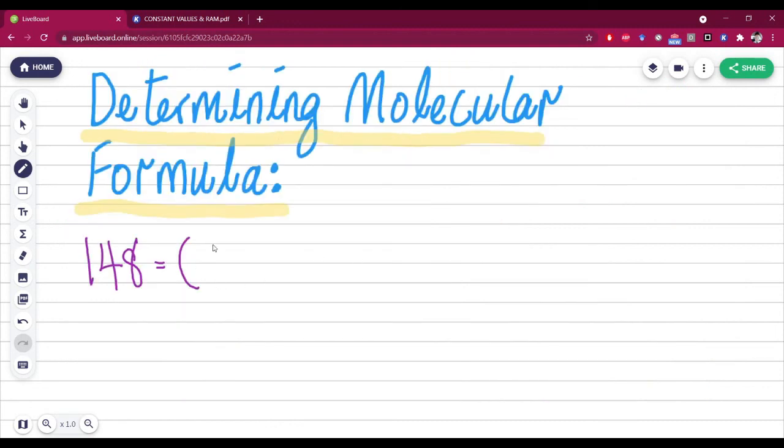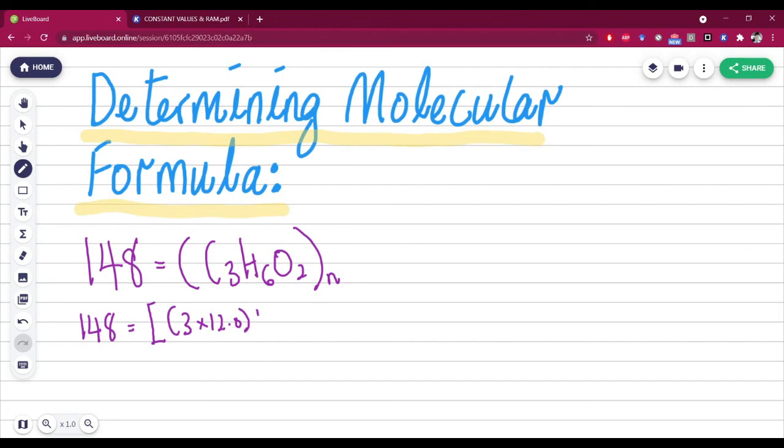we're going to have to look again at the empirical formula C3H6O2. So 148 equals to 3 times 12 plus 6 times 1.0 plus 2 times 16.0 times n. So what is the number that you can put in there?